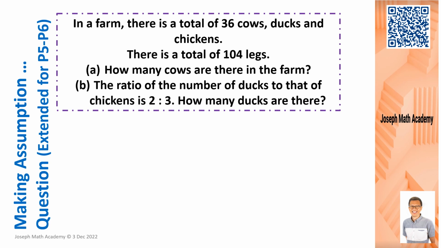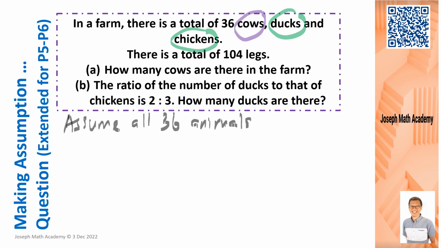So one more time, we have four-legged, we have two-legged. So again, we have two big categories. All right, so let's write down an assumption statement. So assume all 36 animals.